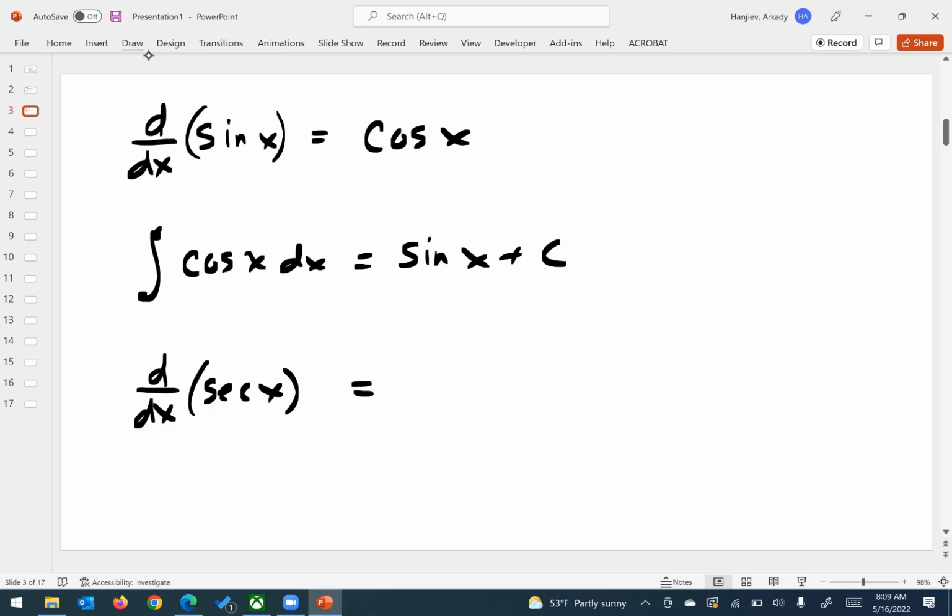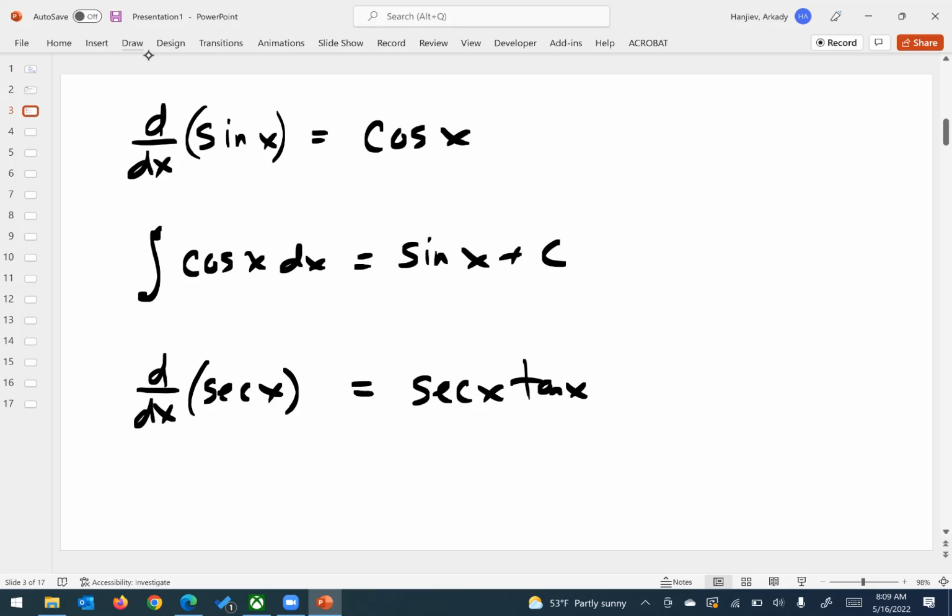Arno. If I remember correctly, it was, oh yeah, we got some derivative rules in the back, huh? Derivative of secant. Awesome. Secant x multiplied by tangent x.